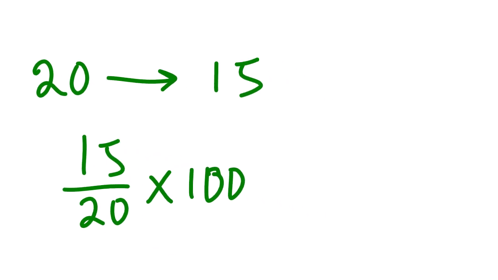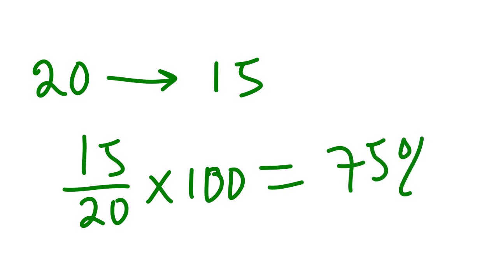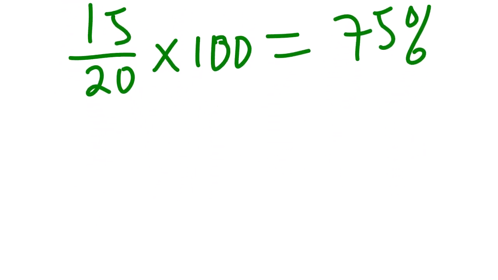So using a calculator, when you calculate 15 over 20 multiplied by 100, you get 75%. So you have 75% pass. Now let's give another example.